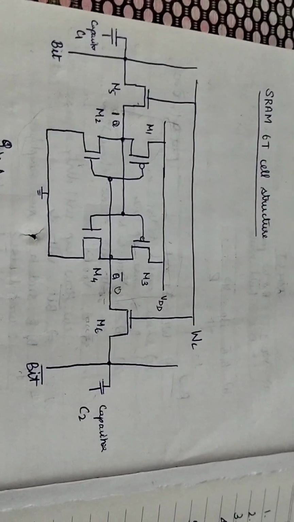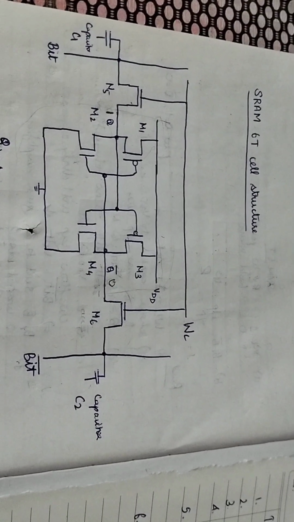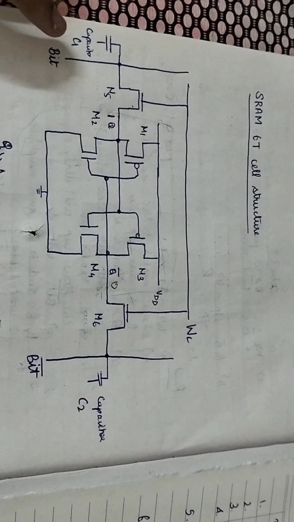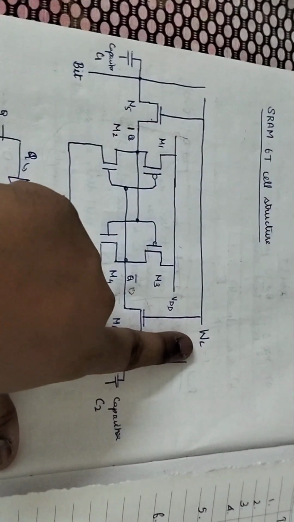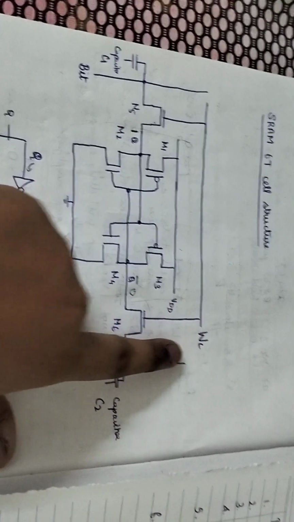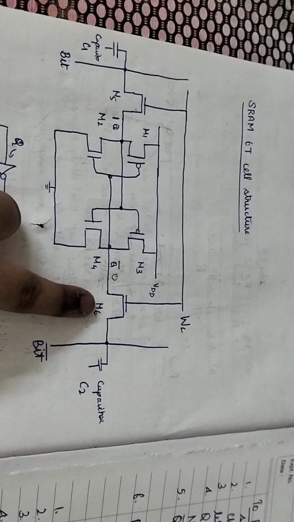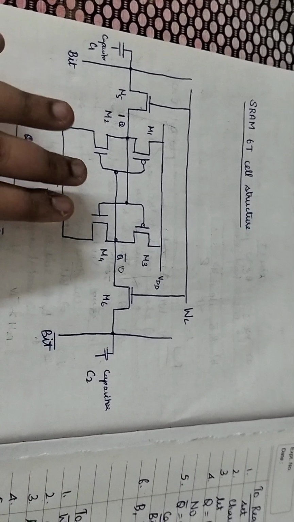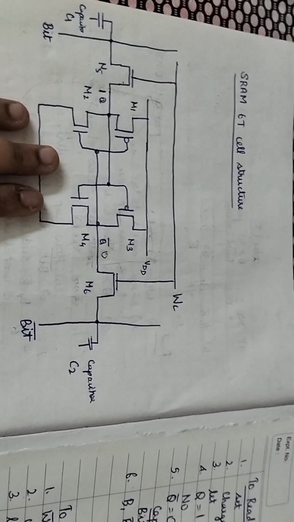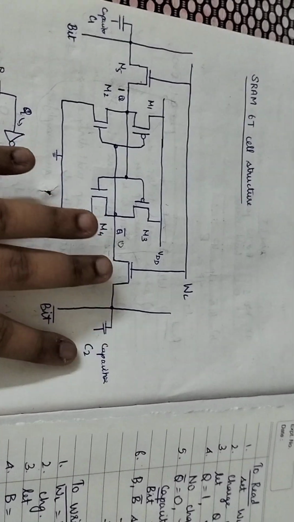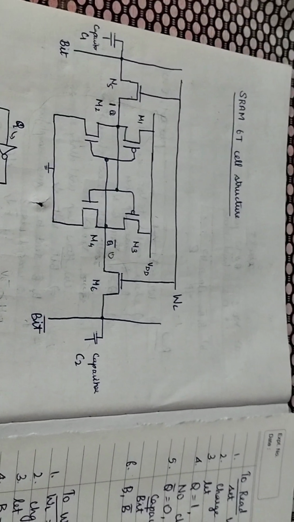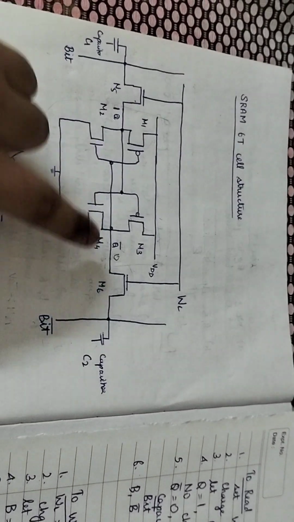So let me give you a quick recap of the read operation. First of all, we set the word line to be a 1, thereby turning on the access transistors, indicating that the operation is going to take place with respect to this cell. Now I charge both capacitors to their maximum capacity. Now I assume there is a 1 here and a 0 here.